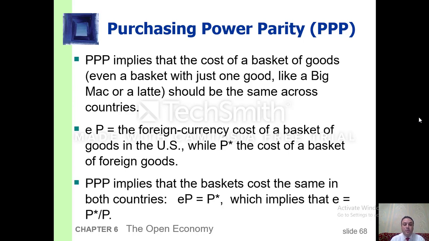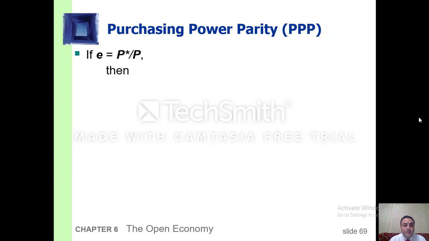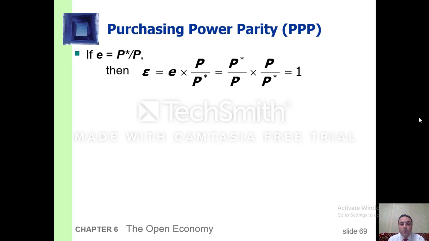And it also implies that the baskets cost the same in both countries. So if the nominal exchange rate equals the abroad price divided by the home price, according to this equation it will be equal to 1. So it will be the same price.